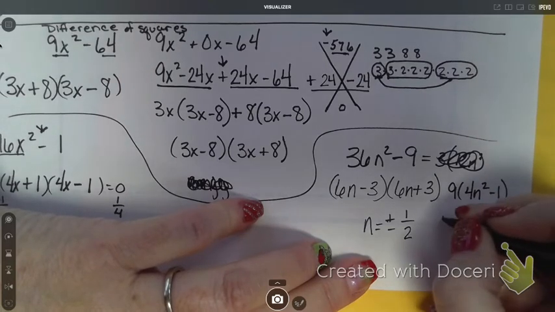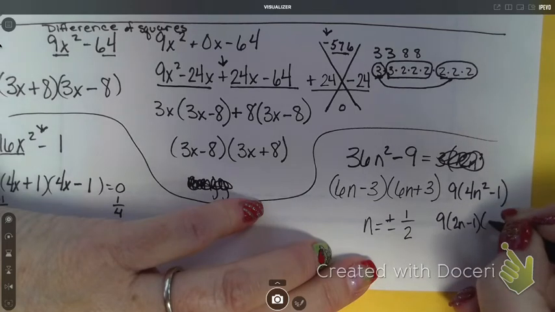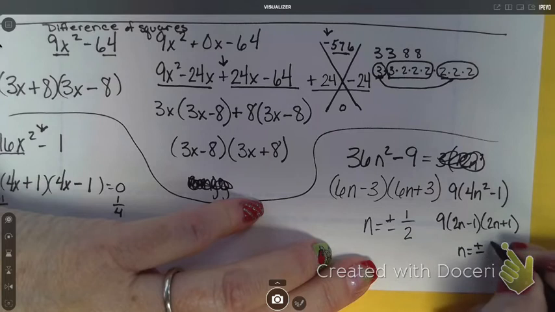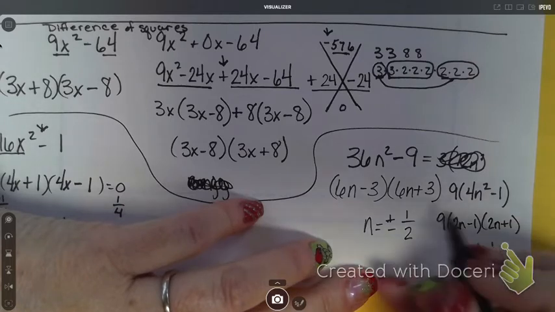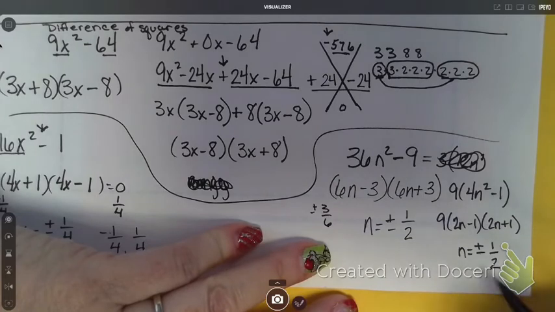And that would have factored to 9 times 2n minus 1 and 2n plus 1. And what would the answers have been? Plus or minus 1/2 again? Because here we had to add and subtract 3 and divide by 6. Here we already took that 9 out, didn't we?